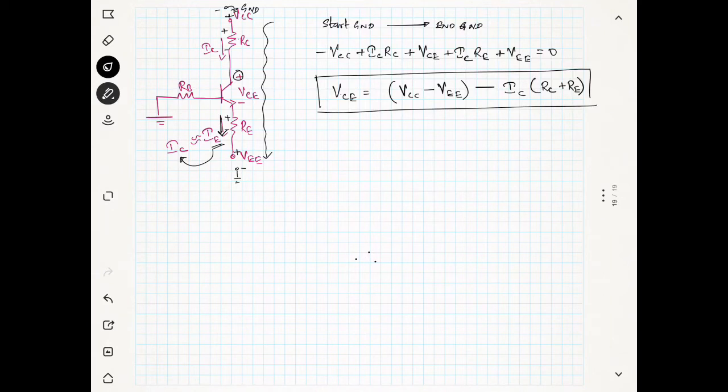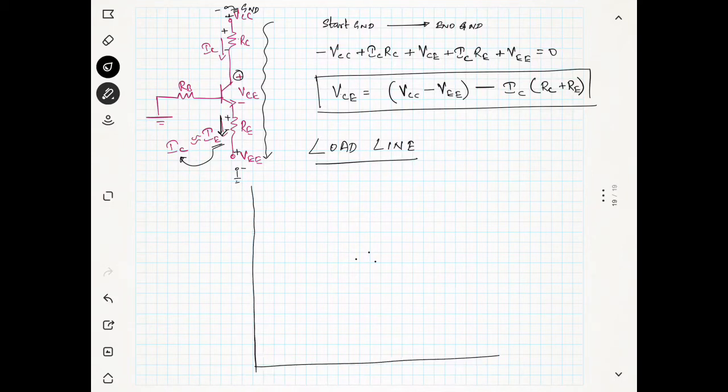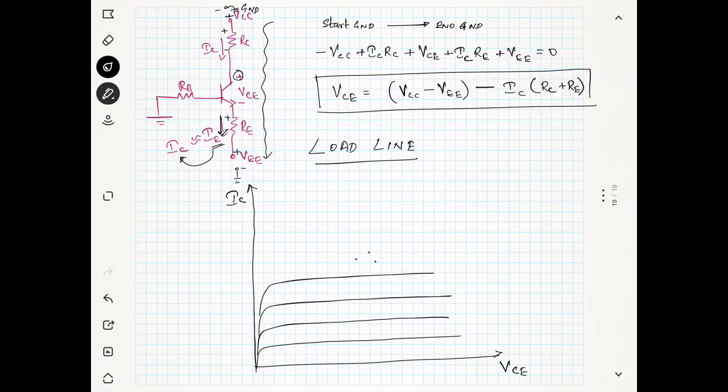Okay, now we will draw the load line for the emitter bias. First of all we have the x-axis and y-axis. The x-axis is VCE and the y-axis is IC, and we have the transistor characteristics like this.